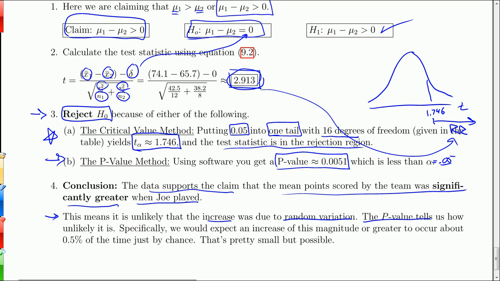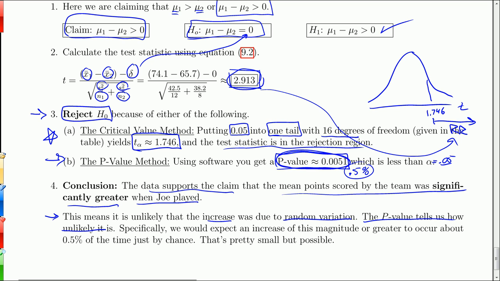The p-value actually tells us how unlikely it is. It tells us really how significant something is. The smaller the p-value, the more significant a difference is, right? In this case, our p-value is 0.0051, so it's about 0.5%.